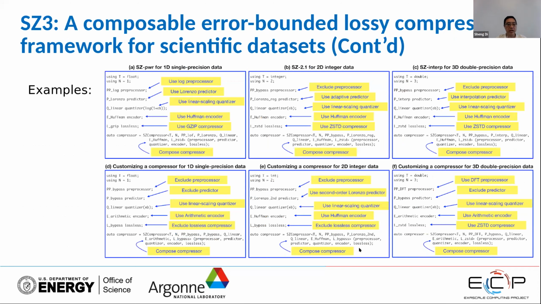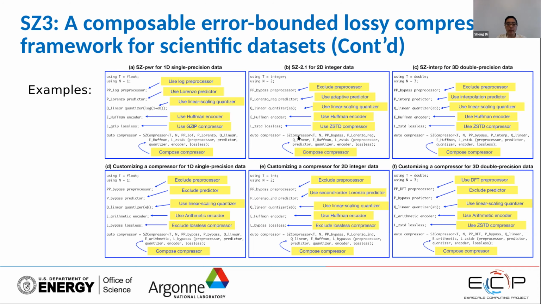So this slide demonstrates several examples. In SZ3, for example, if you want to customize the SZ2.1 compression pipeline, what you need to do is just identify the preprocessor, identify the predictor to be Lorenzo plus regression, determine the quantizer to be linear scaling quantization, and also identify the Huffman encoder and Zstandard as the lossless compressor.